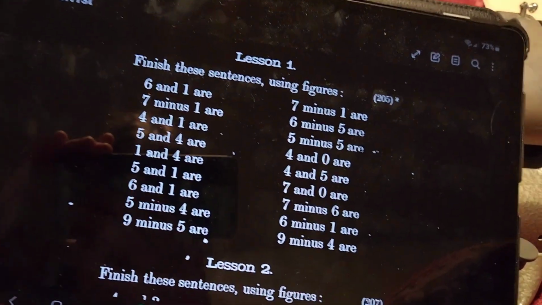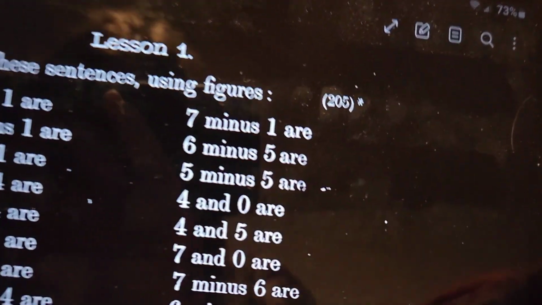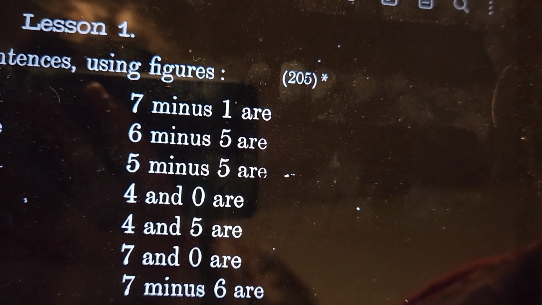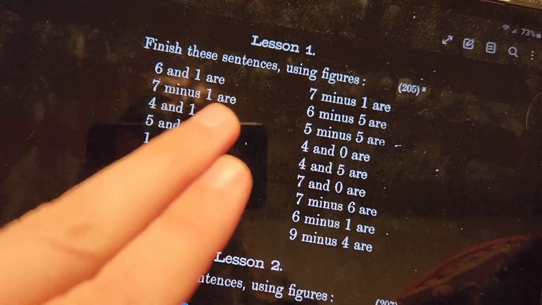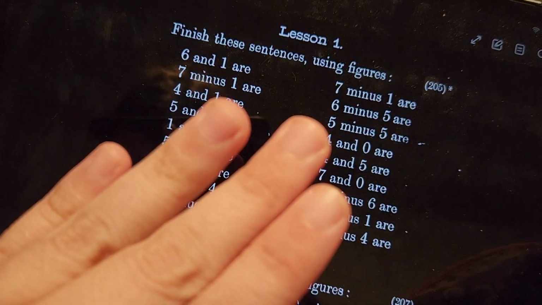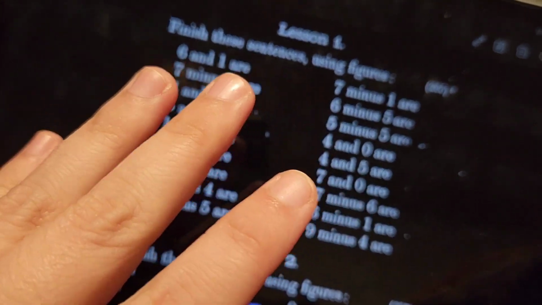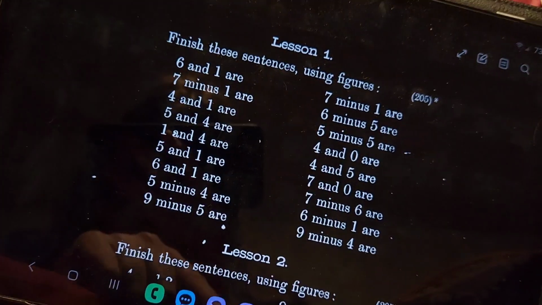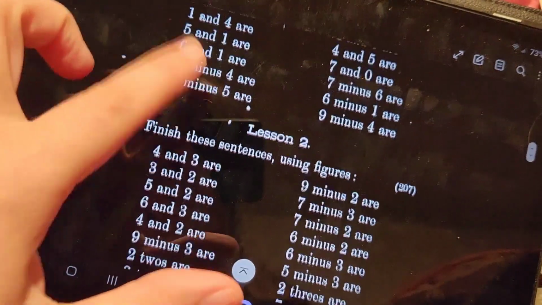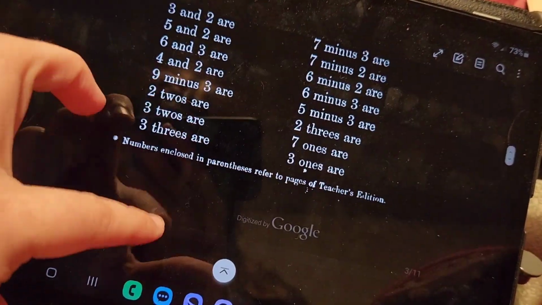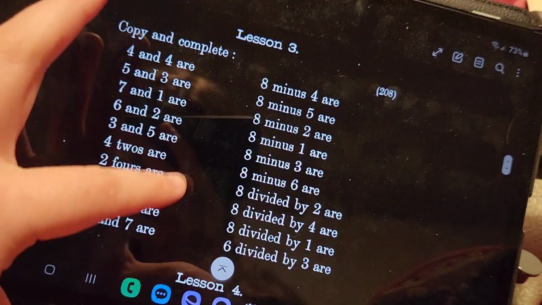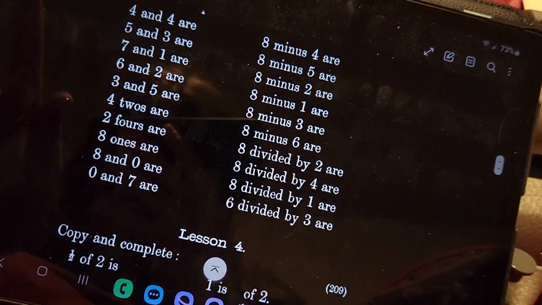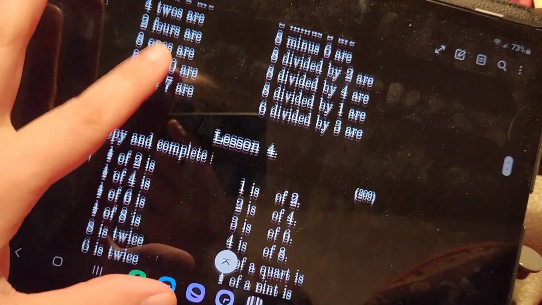So in class, let's say this corresponds to 205. So let's say in class we cover 205, 206, 207, 208. And let's pretend that that covers 3 lessons out of this book. So for homework, I would have to do the corresponding lessons within the pages that we covered.